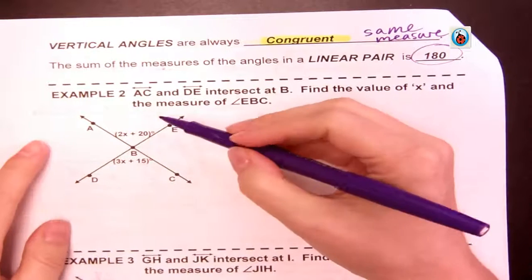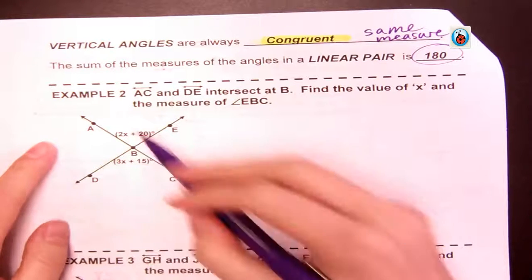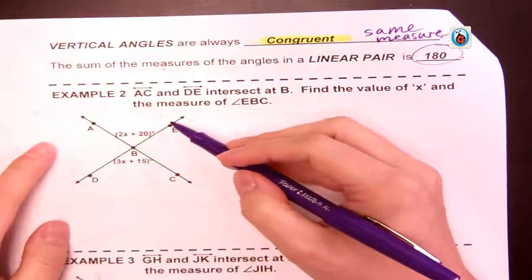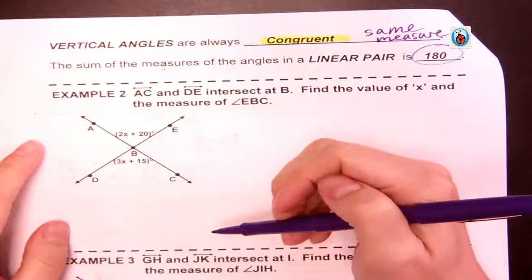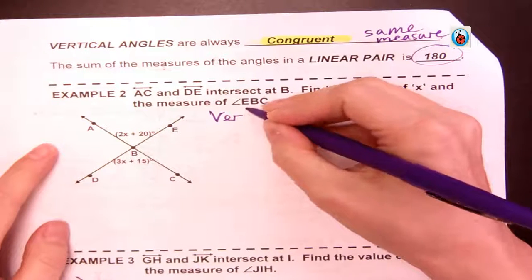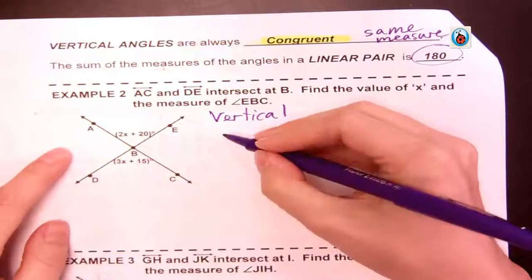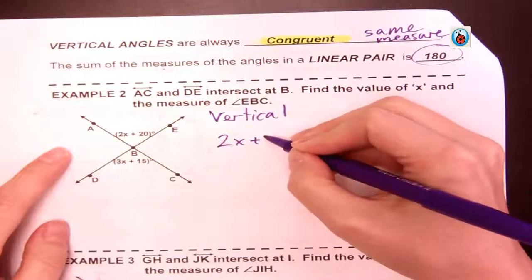And so here, we just have to first look and see. AC and D intersect at B. They're straight lines intersecting. Do we have a linear pair, or do we have vertical angles? And hopefully you recognized we have vertical. They're opposite to each other. They're not touching, so they're vertical. And then vertical angles equal each other.